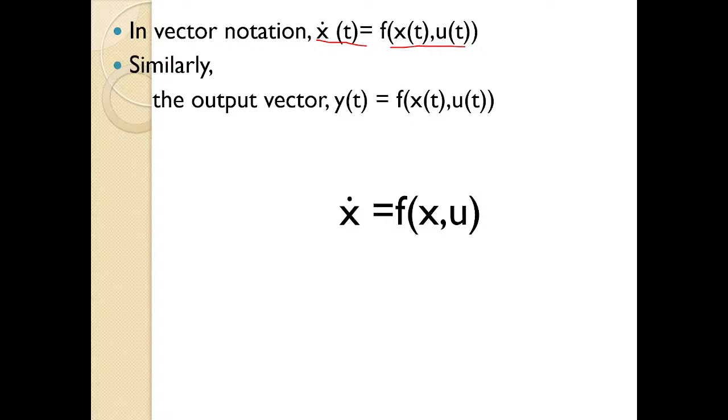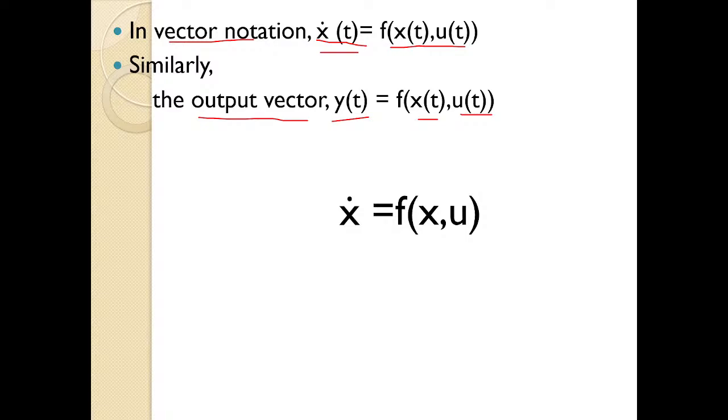Similar to the vector notation, the output vector notation you can also write down: y of t. Output y of t is also a function of the set of state variables and the input variables, similar to the first order differential equation of the state variables.